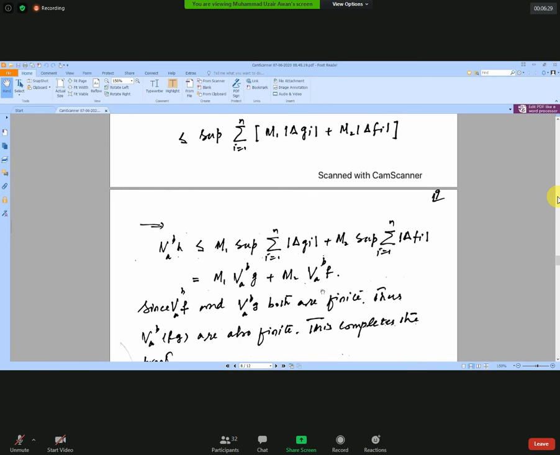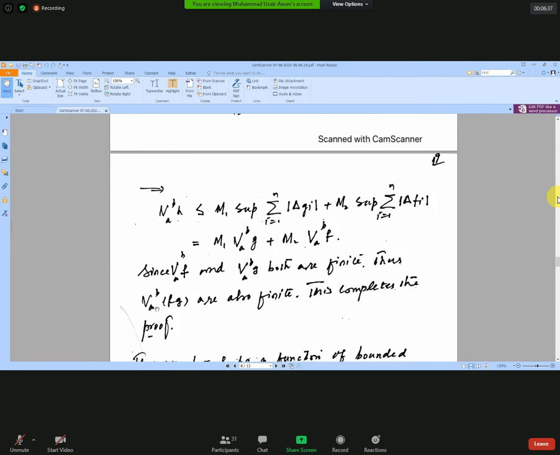Since both are finite, because f and g are of bounded variation, this implies that the total variation of fg is also finite. So if the total variation of fg is finite, then this implies that fg is a function of bounded variation.